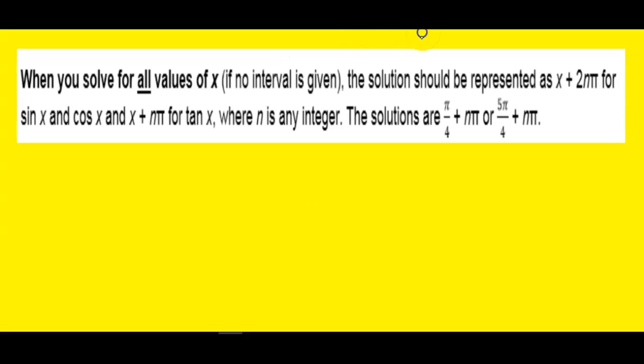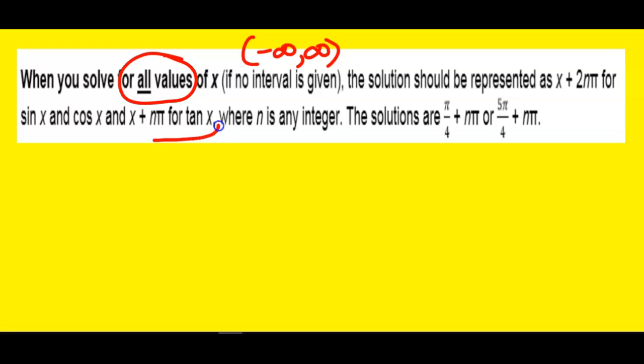Okay, just a little more clarification on the plus or minus 2 pi thing. If it asks for all values, and either it doesn't give you an interval at all, or it happens to say negative infinity to infinity, that's when you put on the plus or minus 2 pi n, or your book would say plus 2n pi for whatever reason, I don't know. But that's for cosine and sine.